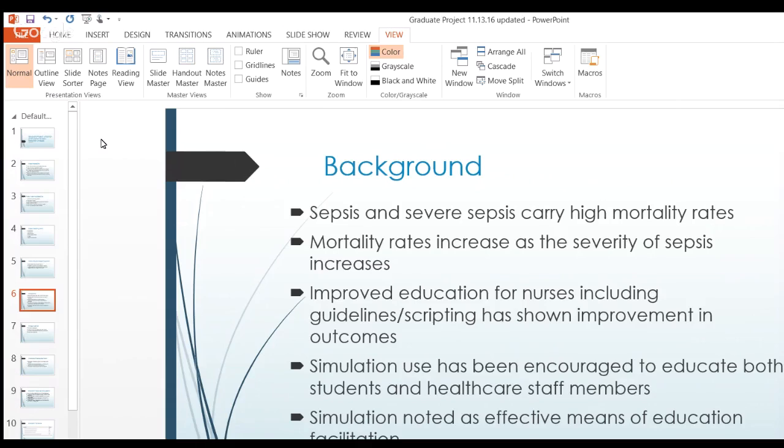Sepsis mortality rates can be as high as 15 to 30%, and that literally does double to 30 to 60% once it's severe sepsis. As we get to things like MODS and septic shock, you can imagine that their mortality rates become even higher. The identification and creation of a process for early identification has been associated with improvements in mortality rates.